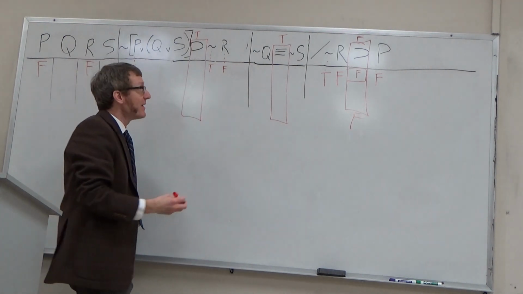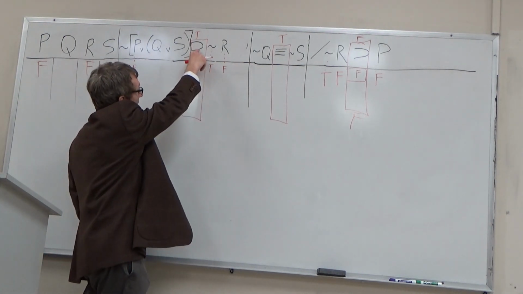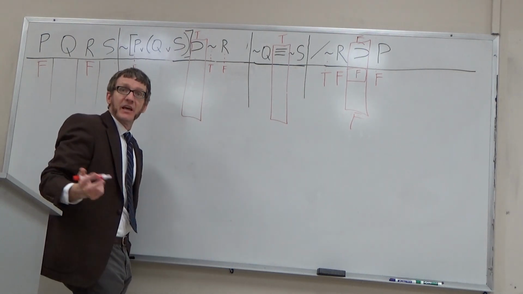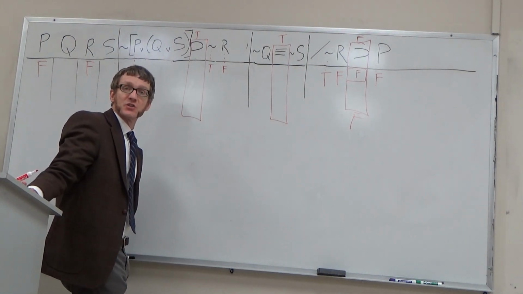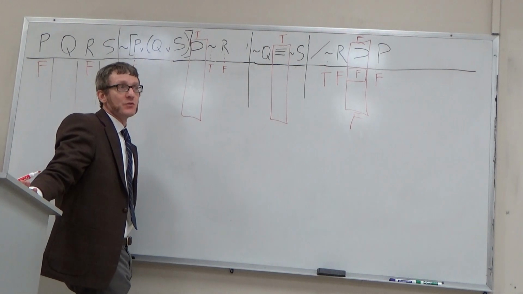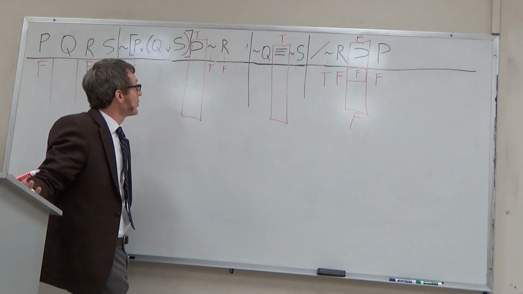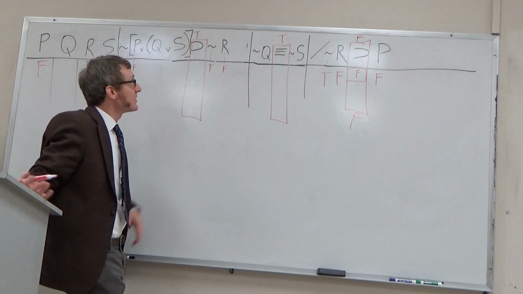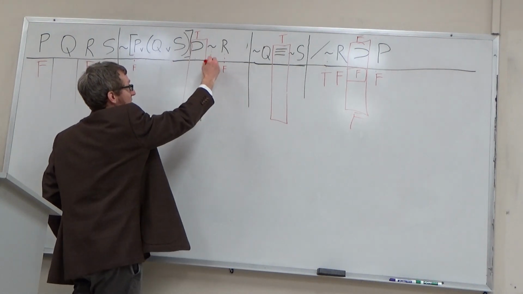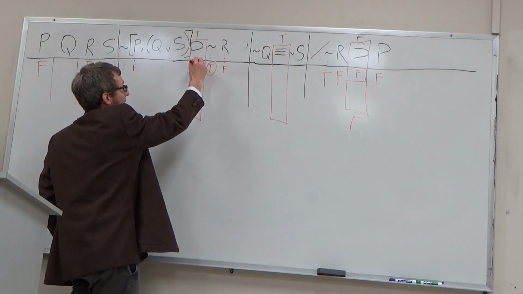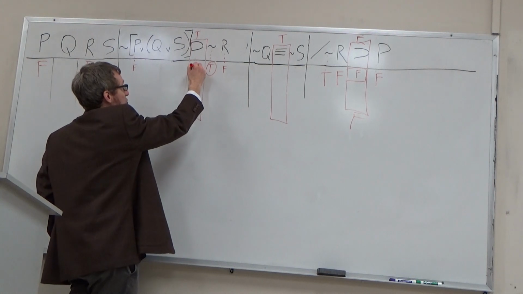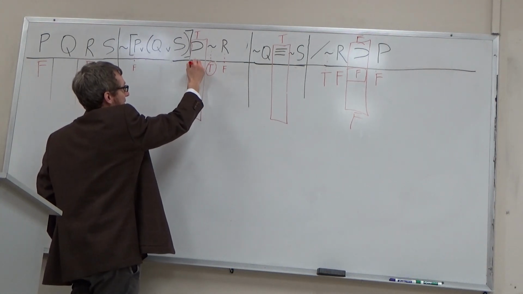Why? How do I know that? Because the consequent of the conditional is true. And the only way to make a horseshoe, a conditional, false is if you make the consequent false while the antecedent is true. So I already know that because the consequent is true, this whole line, horseshoe, is true. That's a T.